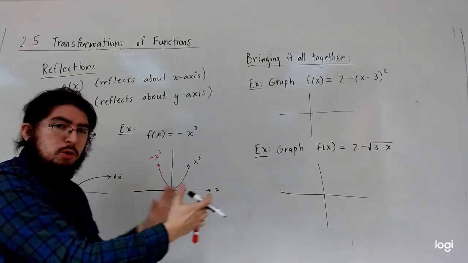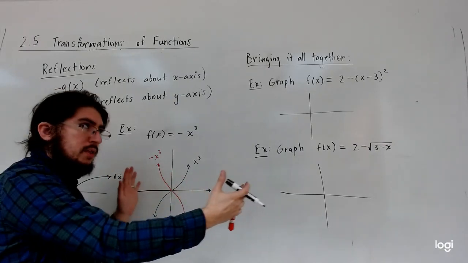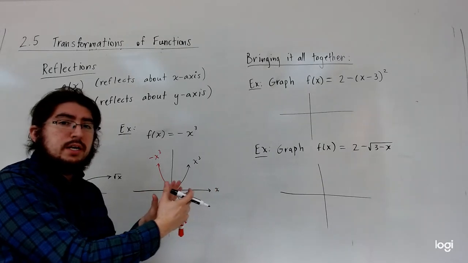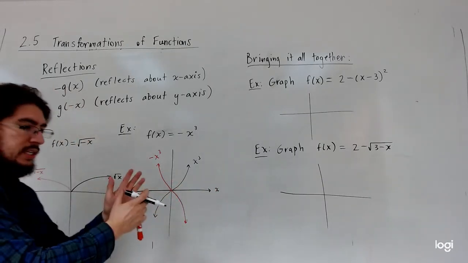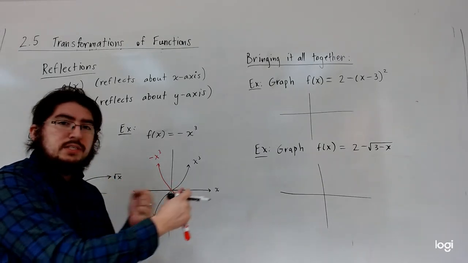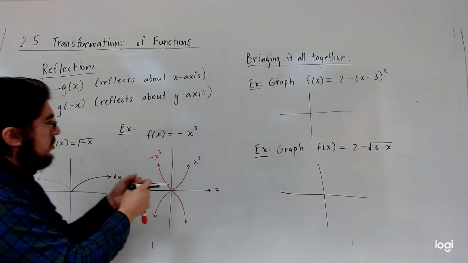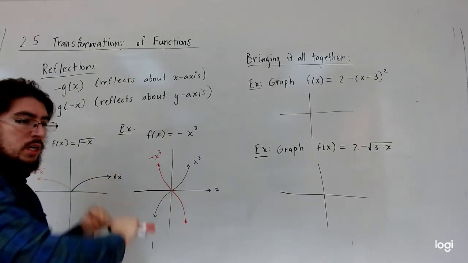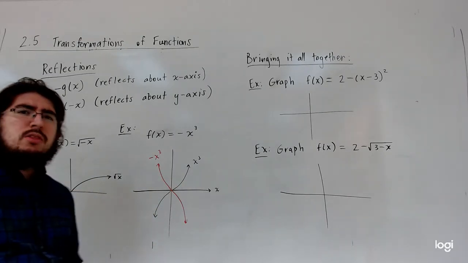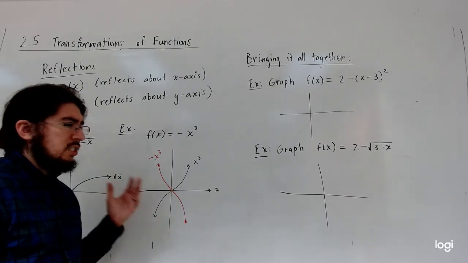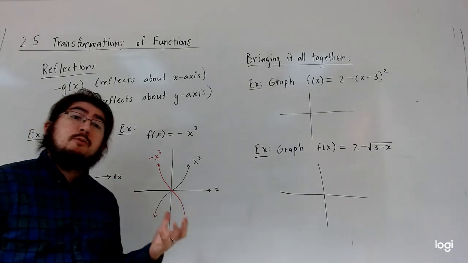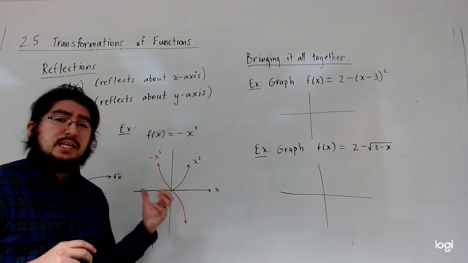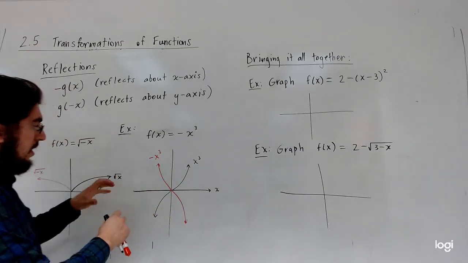It'll actually shrink the graph horizontally. So there are these what are called stretches, basically. So we're either stretching vertically or stretching or shrinking horizontally. These are what are called non-rigid transformations, so I'm not going to talk about those. I'm only talking about the rigid ones. Why it's called rigid is because it doesn't affect the shape of it.